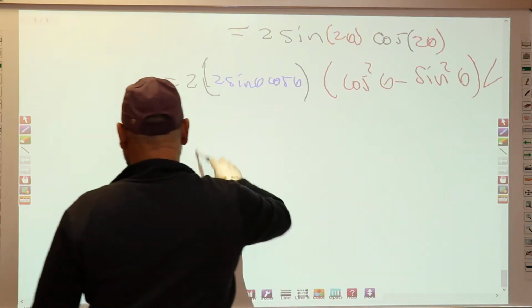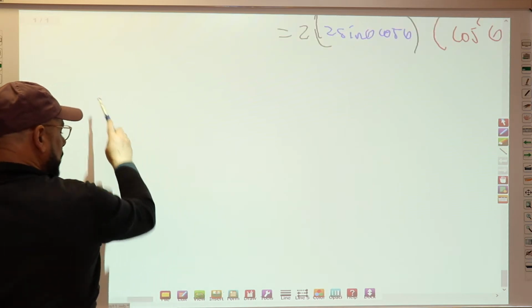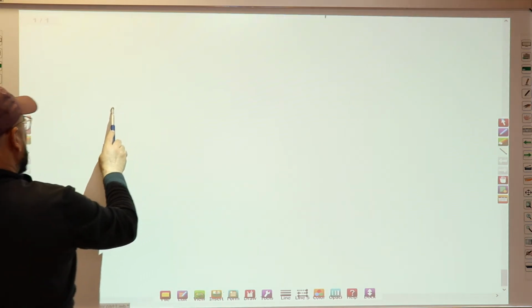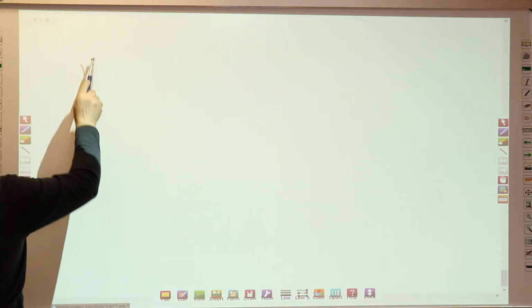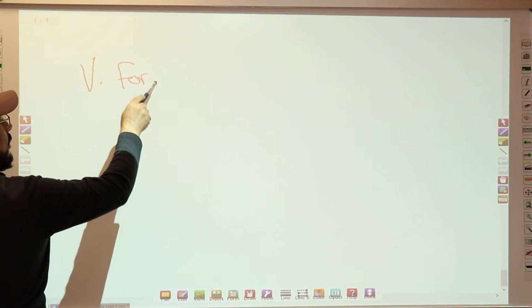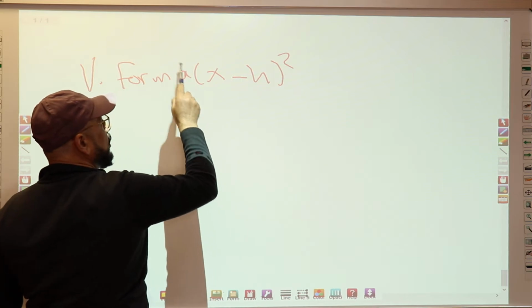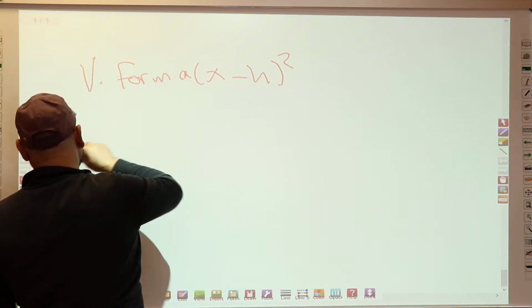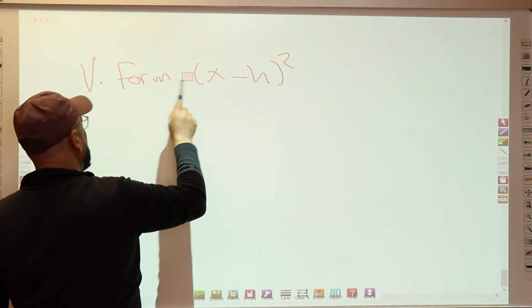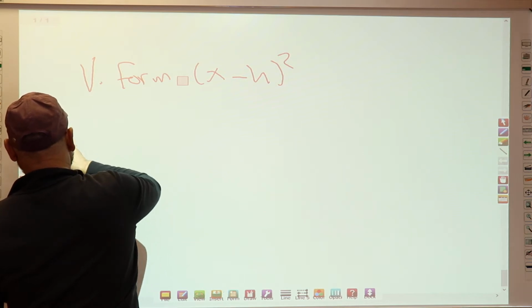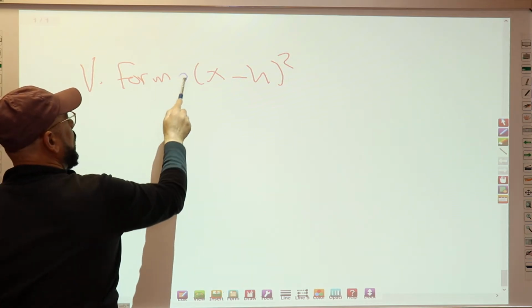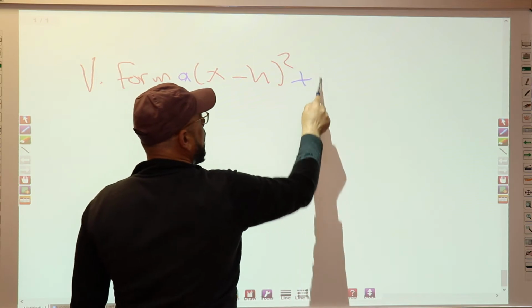we have 3 forms. We have the first one, the vertex form, right? Which is a times x minus h squared, plus k.